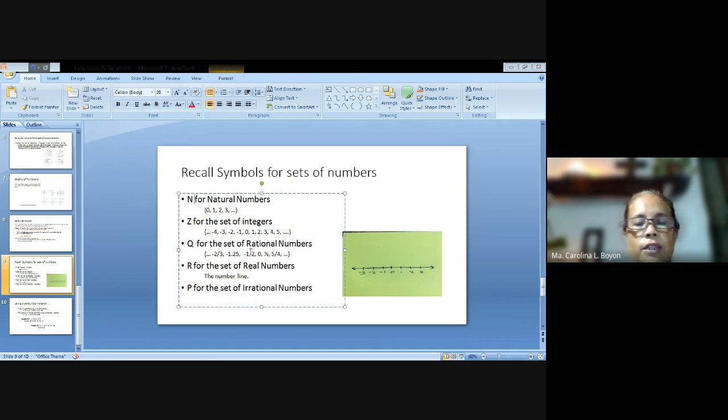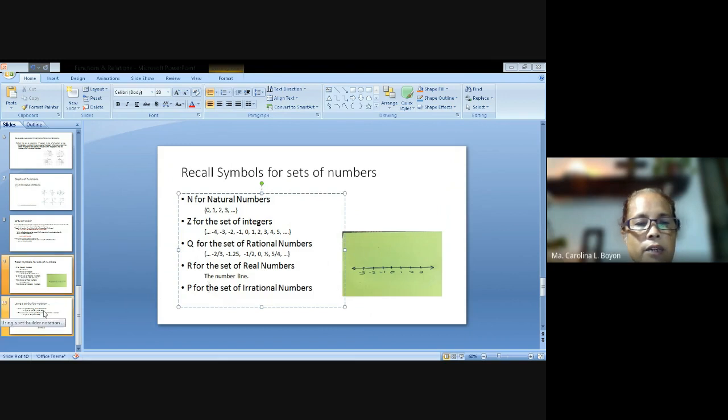The set of rational numbers will be all numbers that can be expressed as a ratio or quotient of two integers. The set of irrational numbers will be those numbers which cannot be expressed as a quotient of two integers. The set of real numbers consists of all numbers on the number line, and P will be the set of irrational numbers.